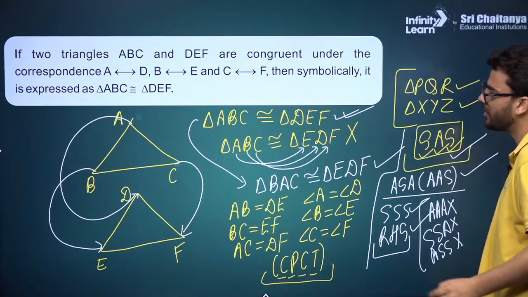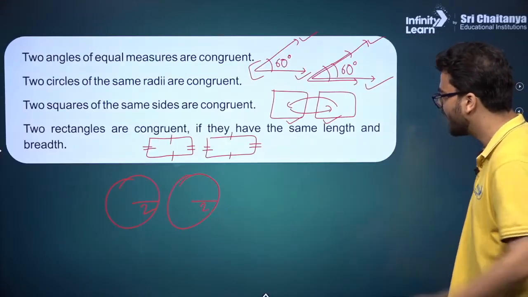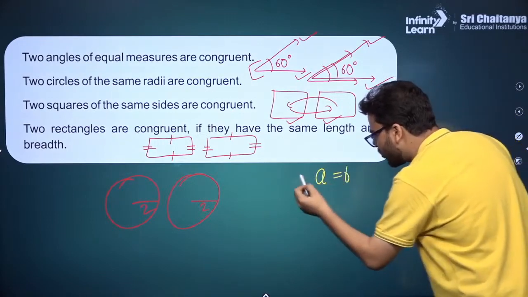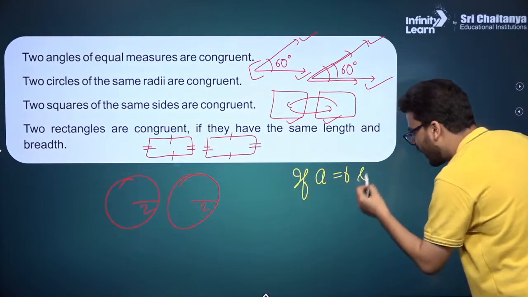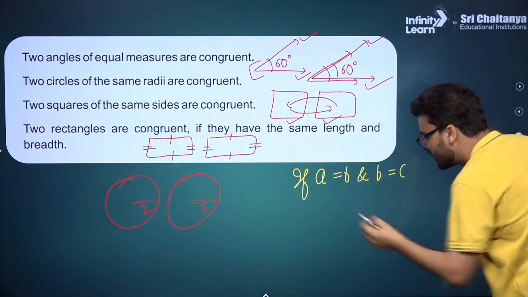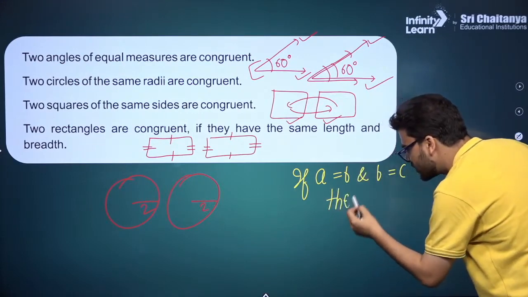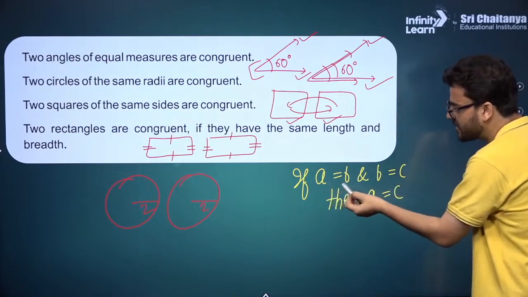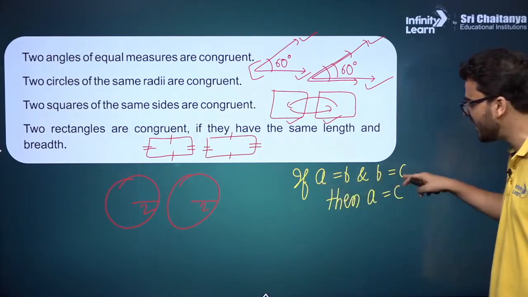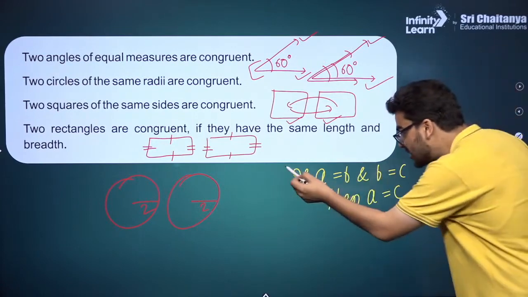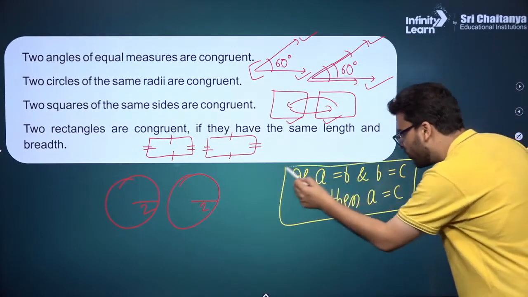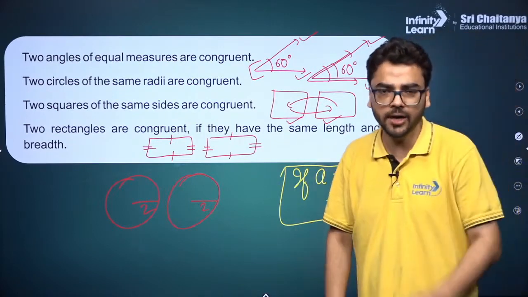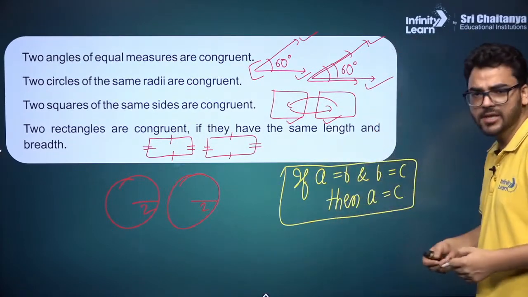For example, many a times in mathematics you write like this: if A is equal to B and B is equal to C, then you conclude that A is equal to C. You got it? You conclude this or not, that if A is equal to B and B is equal to C, then you will say A is equal to C. This is an axiom. This cannot be proved, but you take it to be obvious natural truth. You got that logic? There are many other axioms in mathematics.